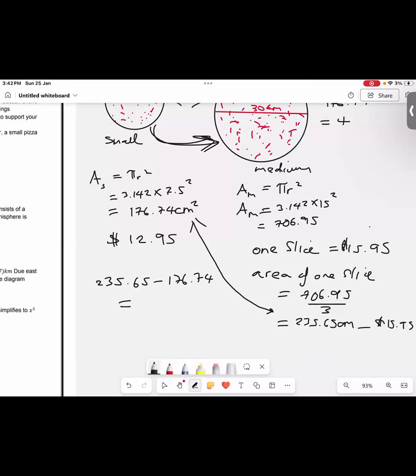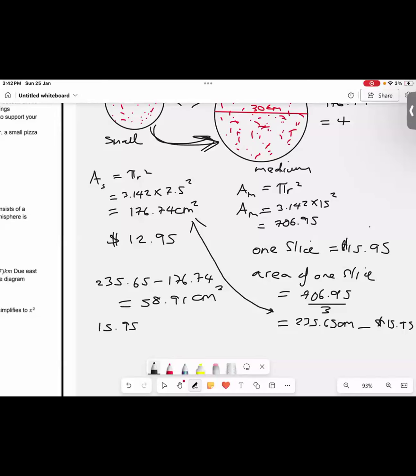How much more pizza are you getting when you eat one slice versus a whole entire small pizza? 58.91. So you're getting 58.91 more pizza on a slice than on a whole entire small pizza. And what's the difference in the price? Subtract these two.